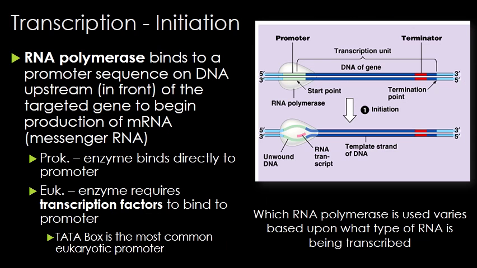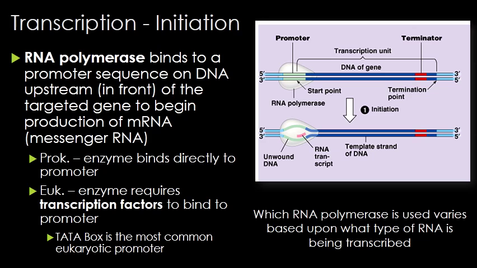Unlike replication, transcription doesn't have very many enzymes to keep track of. The most important one is RNA polymerase. RNA polymerase does the job of helicase, it does the job of DNA polymerase, it does the job of topoisomerase, it does the job of single-stranded binding proteins. Basically, the RNA polymerase binds to a promoter sequence further up away from the targeted gene or the transcription unit at a promoter region.